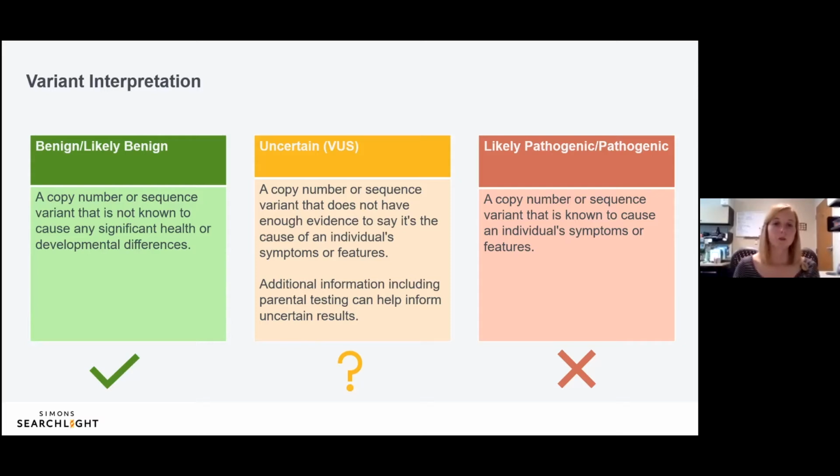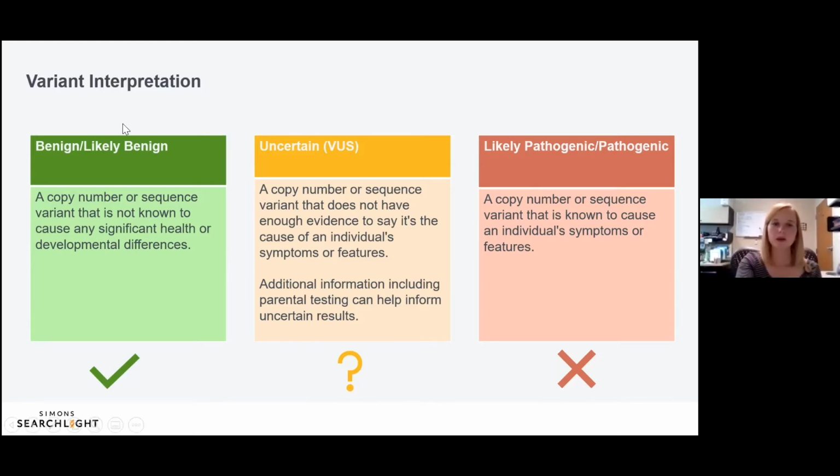We'll learn more and more about genetics every single day, so uncertain variants don't always stay uncertain. It's possible that as we learn more in the future, we're able to upgrade to pathogenic or downgrade to benign.